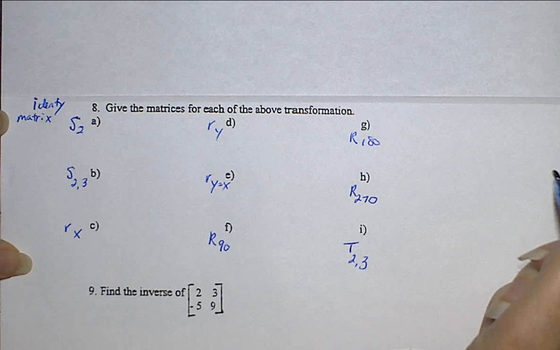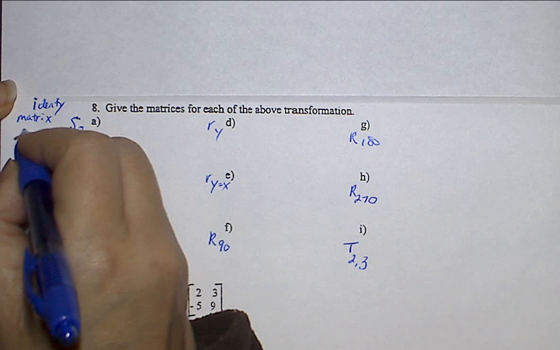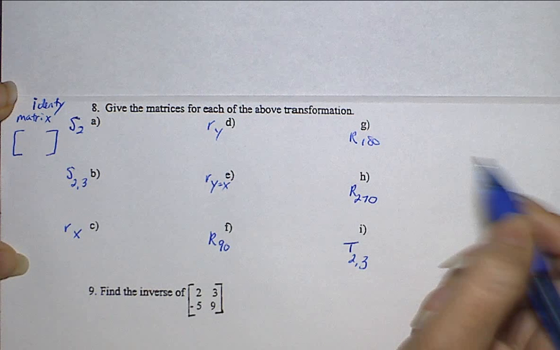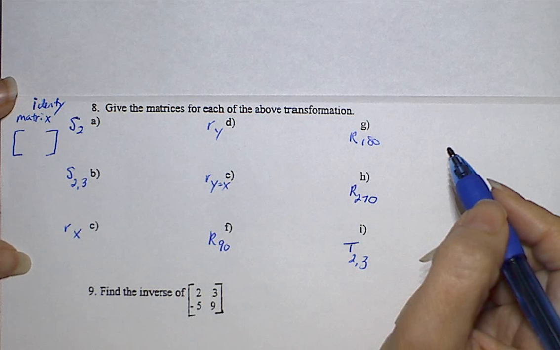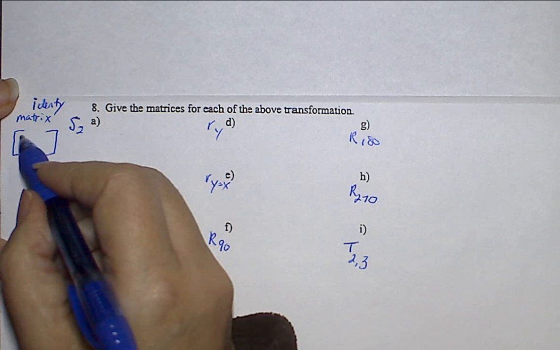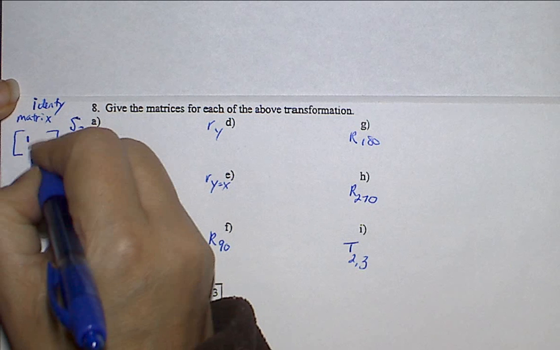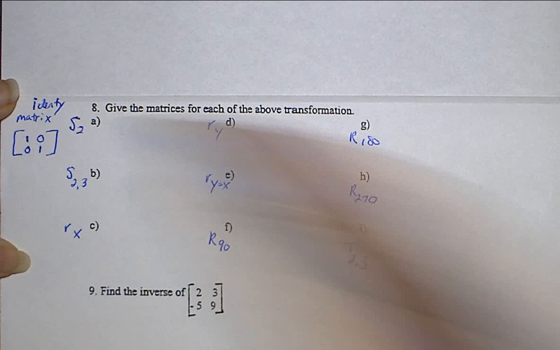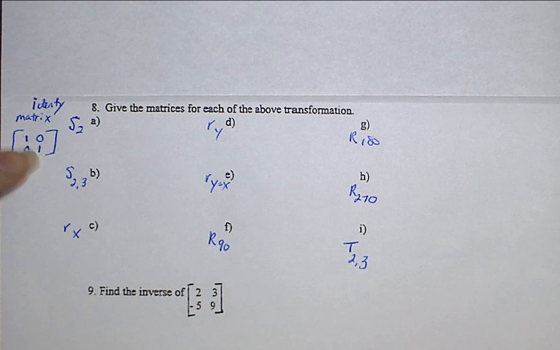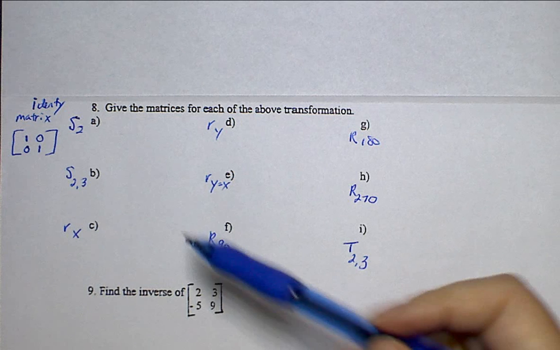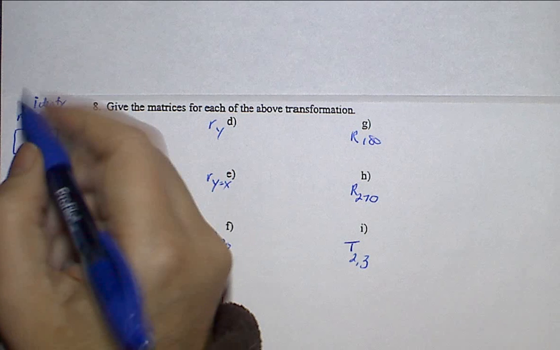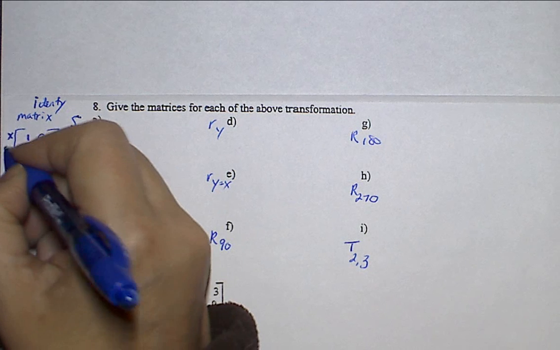Your identity matrix, remember, is, where's my ones? Right, on my diagonal. So my ones are here, so I have 1, 1, and the other ones are zeros. So we're always going to look at the identity matrix when we're doing a lot of these. And remember that the top one is your X's and the bottom is your Y's.